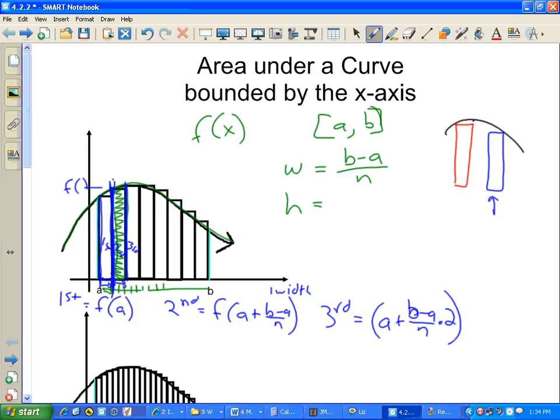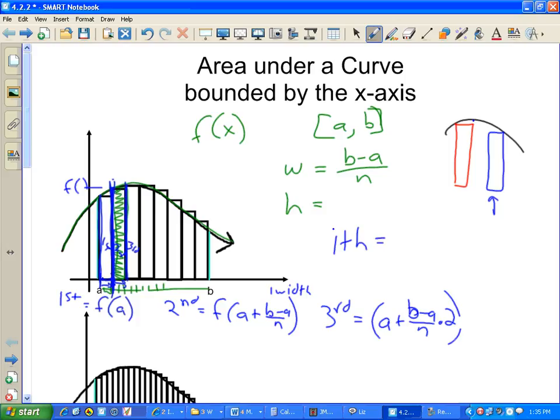If I keep doing this for the ith rectangle, it's going to be the function at a plus the width times i minus 1. It's always one less than the rectangle I've got.